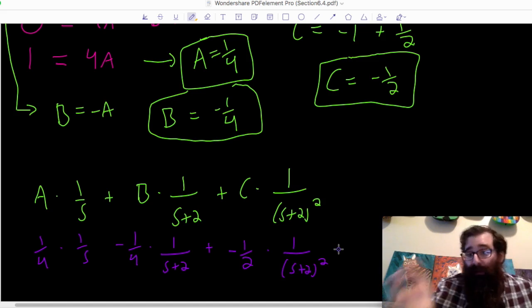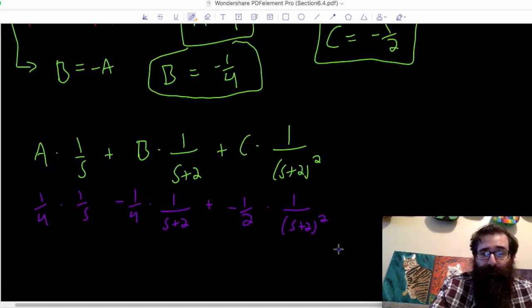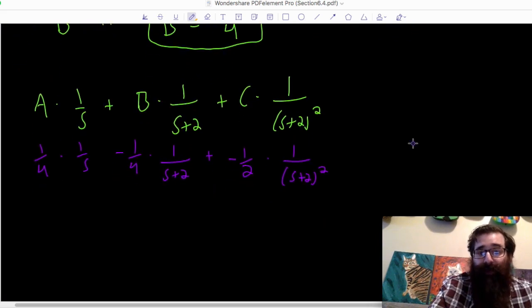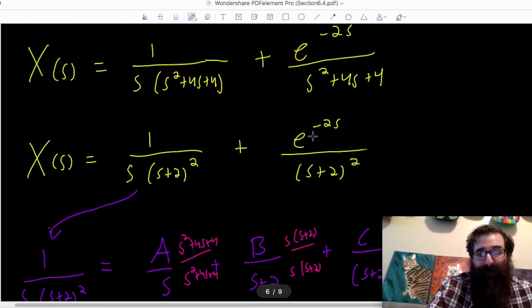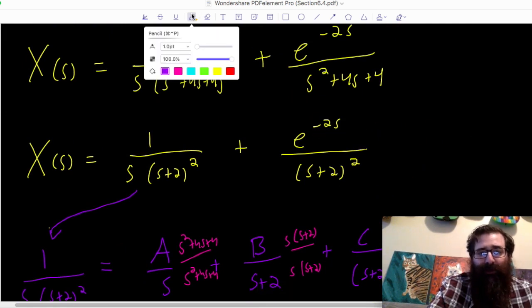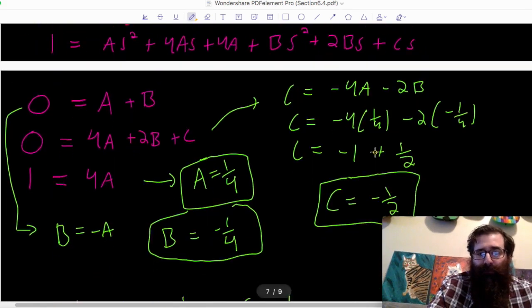And this is, fair to say, the majority of what we have to work with for the Laplace inverse. There is still that other term that we have to work with. So let me jot that one back down. That was e to the minus 2s. I'll do that in yellow. E to the minus 2s over s plus 2 squared.